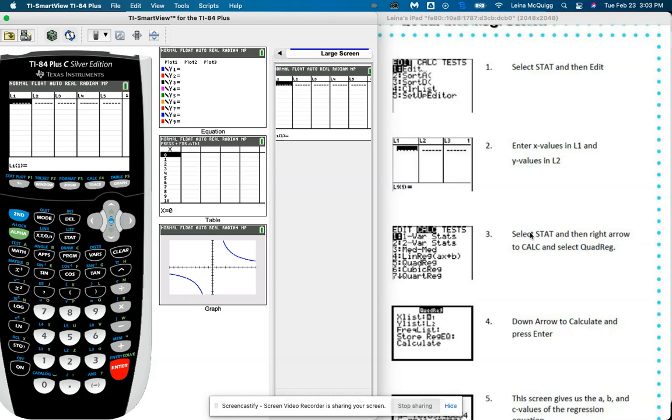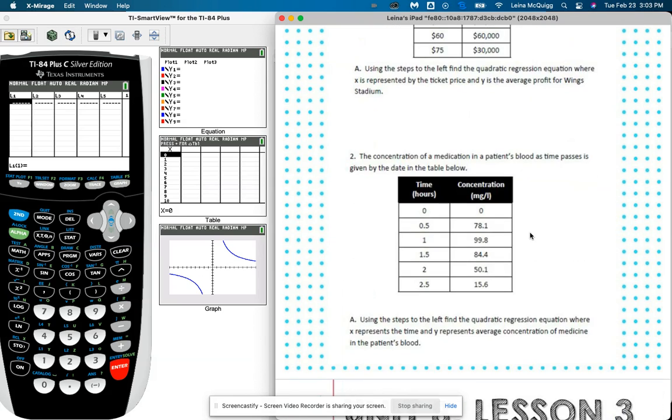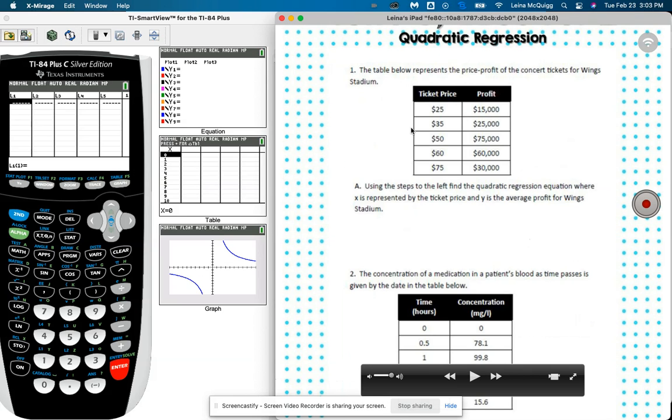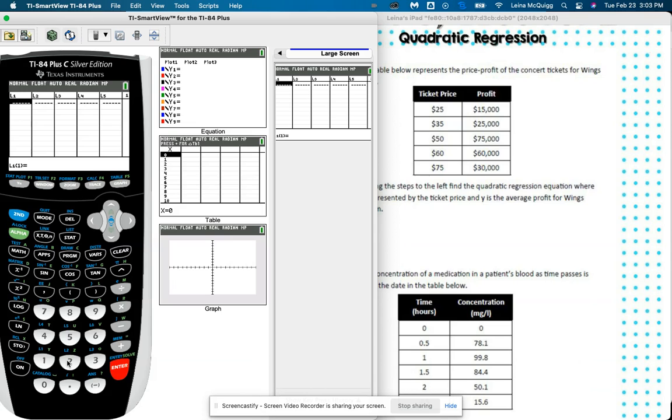So looking at my table here, I'm going to put all of the X values. The first column is going to go in L1. The second column is going to go in L2. So over here, I'm going to do 25, enter, 35, enter, 50, 60, and 75.